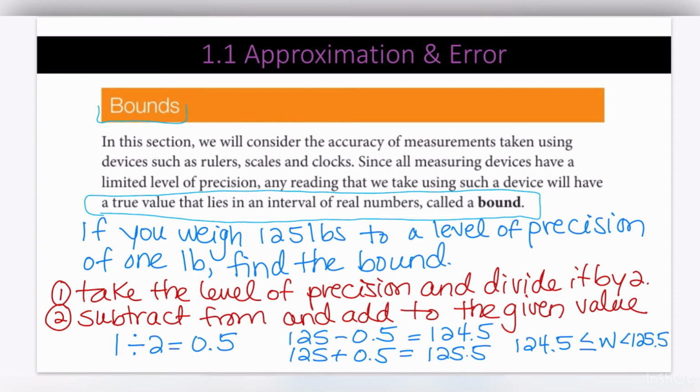And notice the first inequality is less than or equal to, the second inequality is less than, because we're basically going up to any number that's as close as possible to 125.5, but not equal to 125.5. Because if the number is equal to 125.5, then it would round up to 126, okay? So the first inequality is less than or equal to, the second inequality is just less than. So this is what my final answer would be.